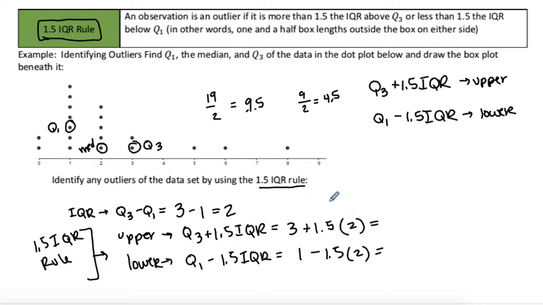If I take 3 plus 1.5 times 2, we get 6 as our upper boundary. So anything above 6 is an outlier, and this tells us 8 is an outlier. When we do 1 minus 1.5 times 2, we get negative 2, and so there are no lower outliers.